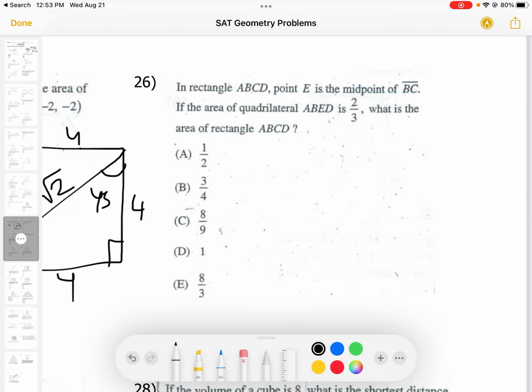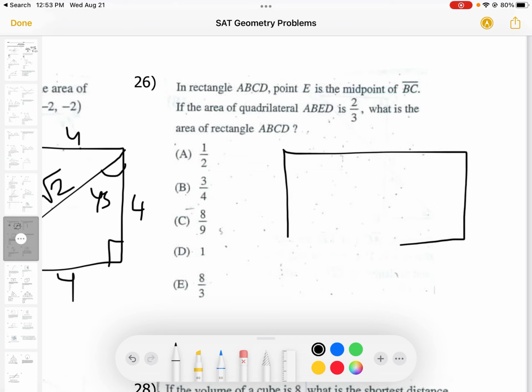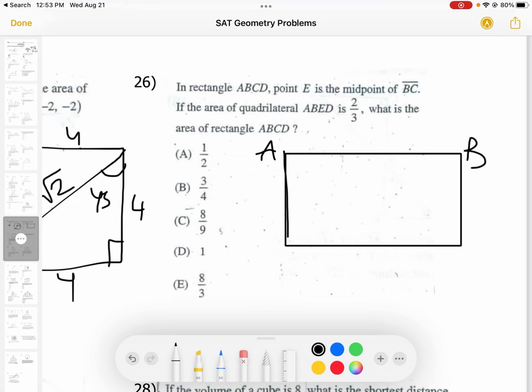Okay, in rectangle ABCD, let's draw this picture. Rectangle ABCD. Let me draw that a bit better. ABCD, like this. It's fine. The point E is the midpoint of BC.